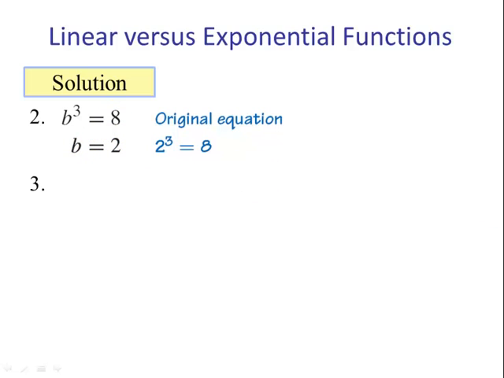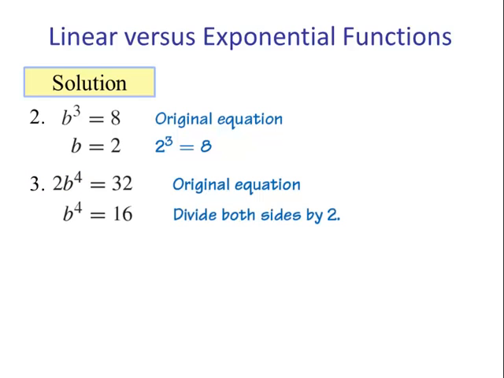Number 3, we have 2b to the fourth equals 32. To get b by itself, I need to get rid of the power of 4, and I need to get rid of 2. So for this example, I want to divide by 2 first. We get b to the fourth equals 16. Now, to get rid of the power, I raise both sides of the equal sign to the 1/4 power, and 16 to the 1/4 is 2.